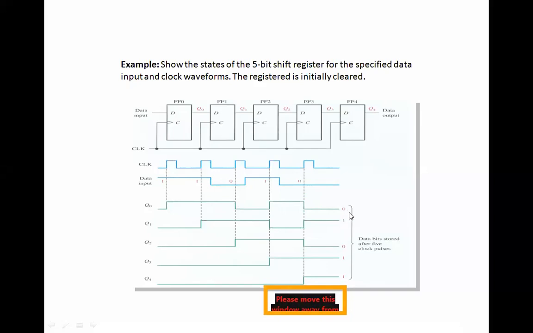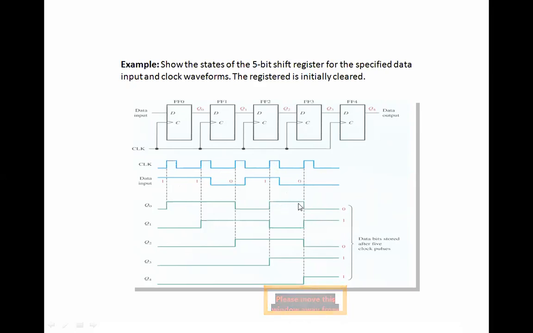So after how many cycles is this? 1, 2, 3, 4, 5. Now remember, counting the number of clock cycles is very important. If you go with another clock cycle, your data might vary. For example, if you take the data from here after this positive cycle, what output will I get instead of 0?